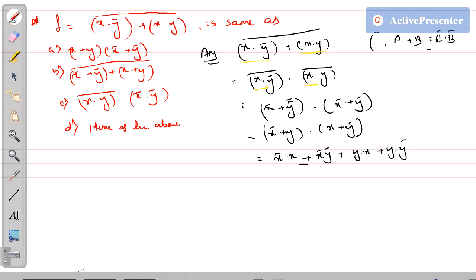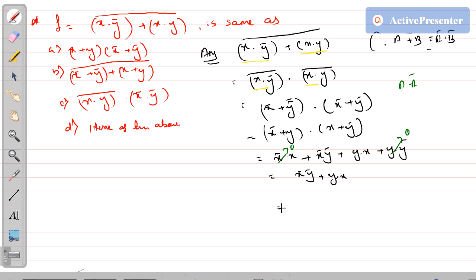Now this x into x bar and y into y bar will be 0, because a into a bar is 0. What will remain is x bar y bar plus y dot x.